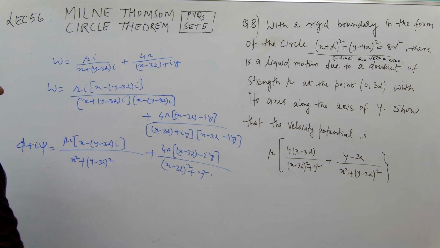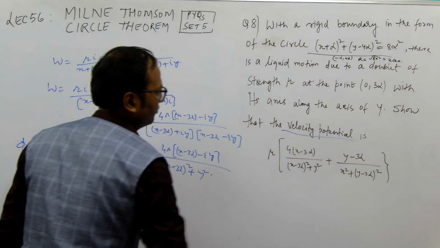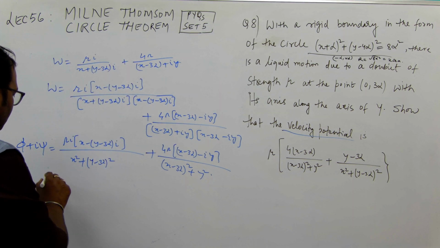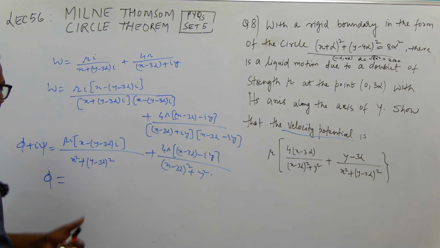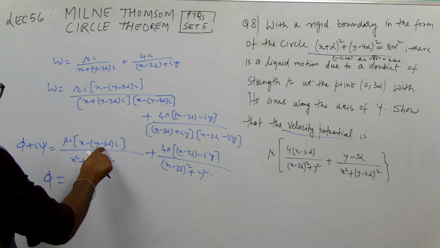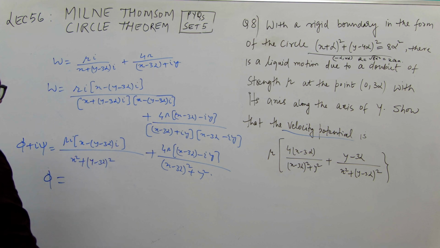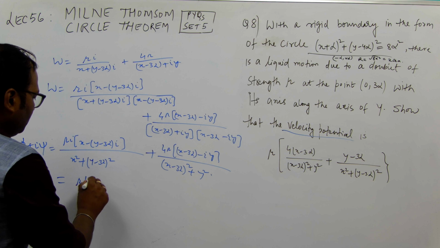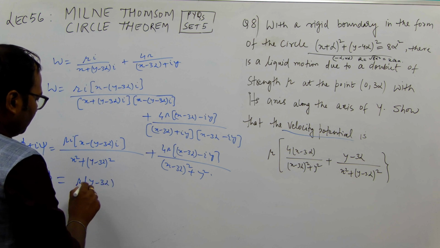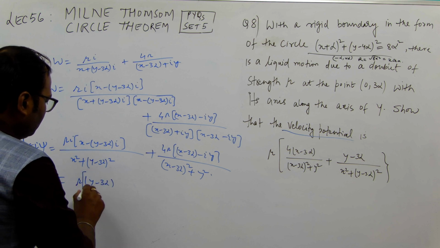Okay, so what we are being asked is velocity potential. So velocity potential will be the real part. So phi is equal to, let us find out the real part. So mu I into y minus 3 alpha into I. So I square will be plus. So mu into y minus 3 alpha. Okay, let us take mu common.